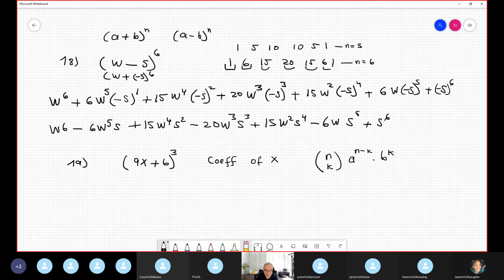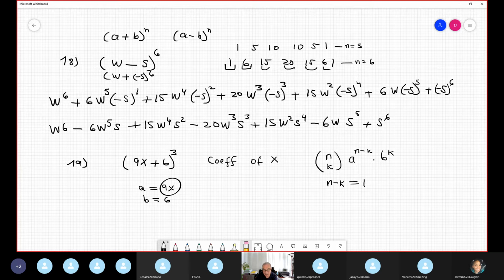So, in our example, A is 9x and B is 6. Okay, in other words, I need to know when the n minus k, that is the exponent associated with the A, should be 1. In other words, you solve for k in order to find exactly what is the position when you expand the binomial.